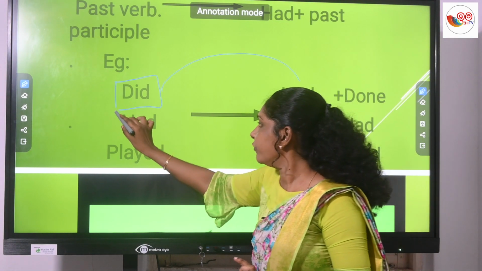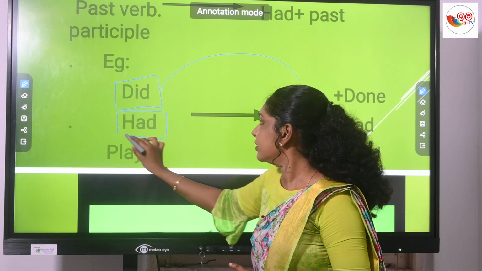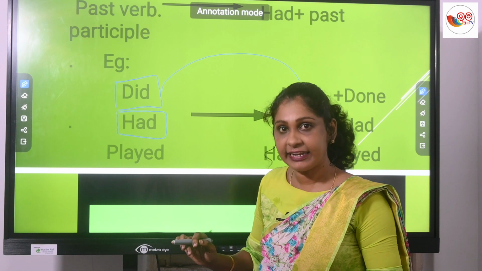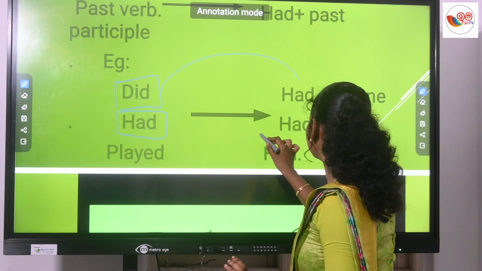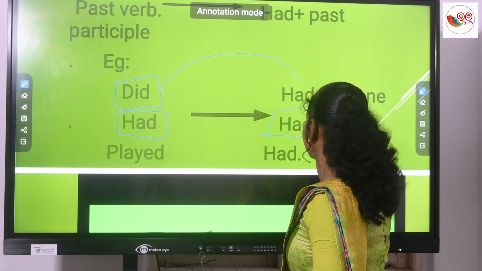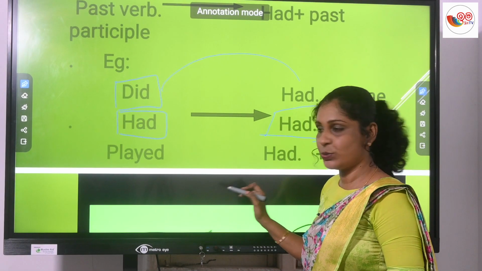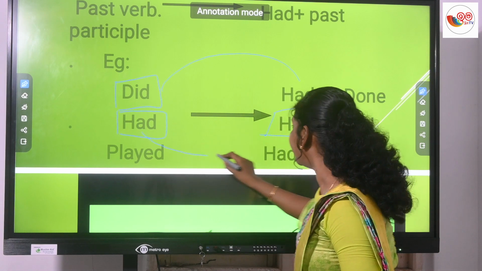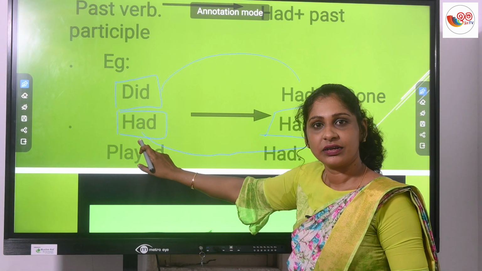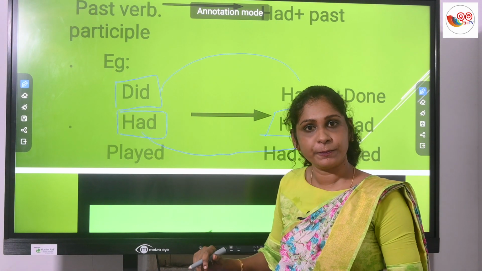Okay? If you have had as simple past in direct speech, how can you change it? First you have to write the verb had as usual, and you have to write the past participle of this had. What is the past participle form? Had.